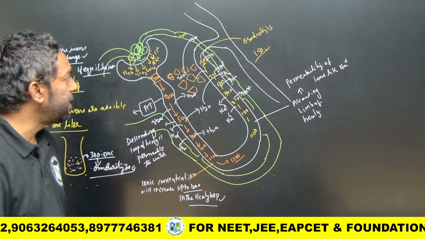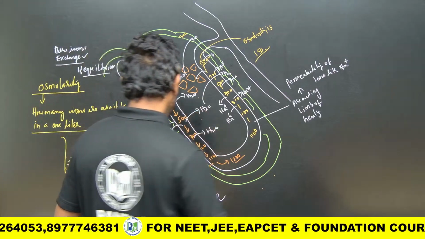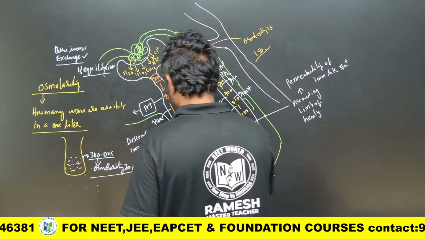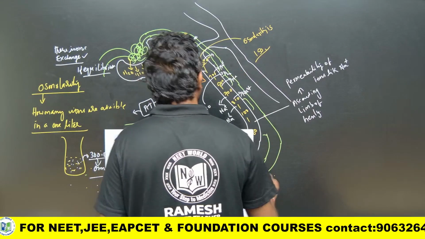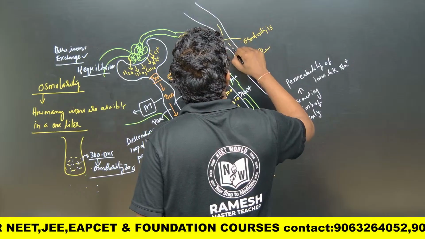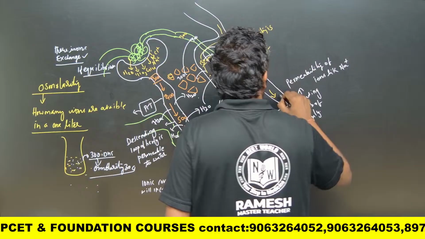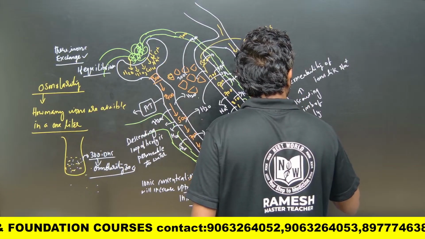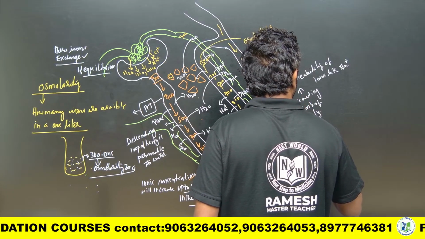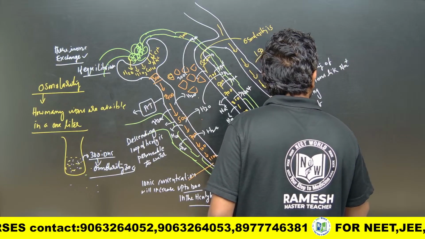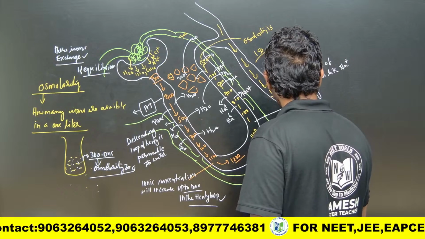In this condition, the filtrate, which is urine without hormonal influence, exits at 150 osmolarity. Meaning a very dilute urine is produced.